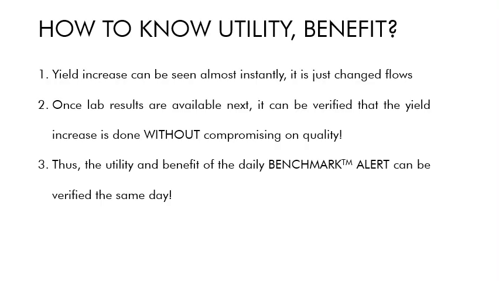And once the lab results are available, maybe next shift or whenever during the day, it can be verified that the yield increase is done without compromising on quality, or that the quality is within the limits. Thus, the utility and benefit of this daily benchmark alert can be verified on the same day without any calculations.